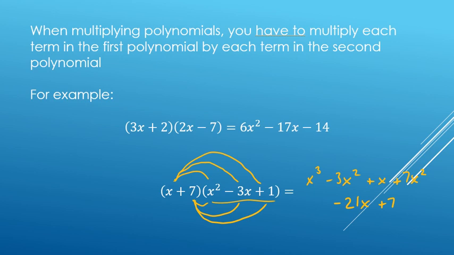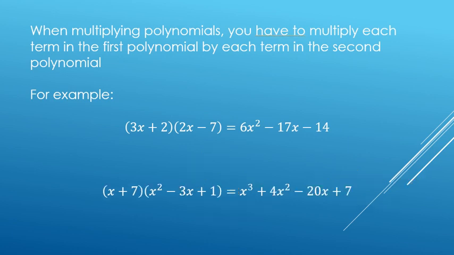Now let's combine some like terms here. I have plus x and minus 21x to give me minus 20x. And then I have negative 3x squared plus 7x squared to give me a plus 4x squared. So I have x cubed plus 4x squared minus 20x plus 7.